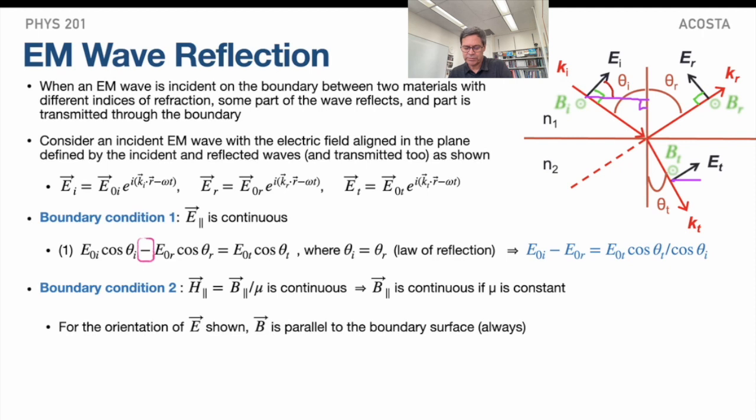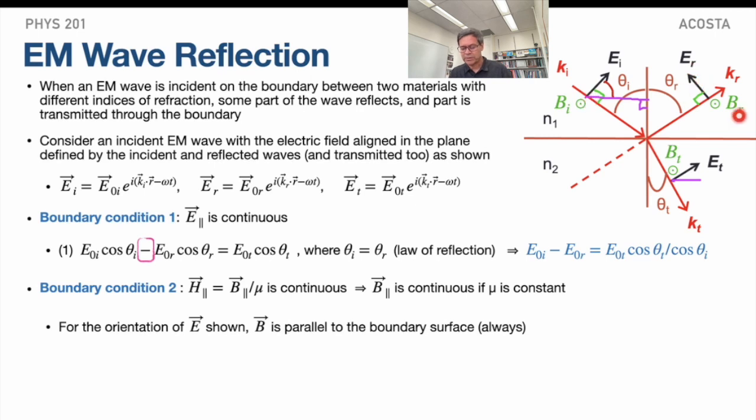So I've drawn it here in green: the incident magnetic field, the reflected magnetic field, and the transmitted magnetic field. Remember, it must still be perpendicular to the direction of motion of the wave, and we know it has to be perpendicular to the electric field as well. And E cross B, that vector cross product, points in the direction of the wave direction k. So you can do a right-hand rule: E cross B, with B pointing out of the screen, would be a wave pointing down and to the right, like the incident wave.